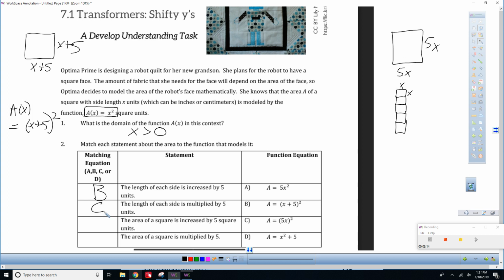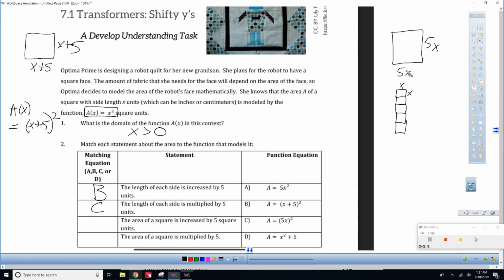The length of each side is multiplied by 5, so the area is multiplied by 25, just so you know. Think about it. What's the area of a square whose side length is 1? 1. What's the area of a square whose side length is 5? 25. So if you increase the length of a square, the area gets much, much bigger, much faster.